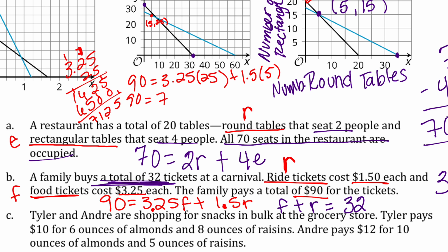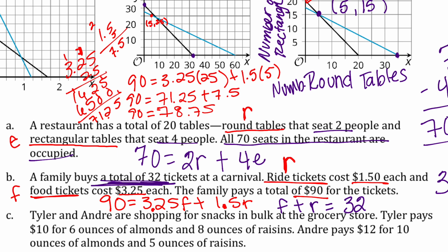So 71.25, and then 1.5 times 5. I think that is close enough to what we need it to be because we're going to get 78.75. So that means that line is slightly above that line.